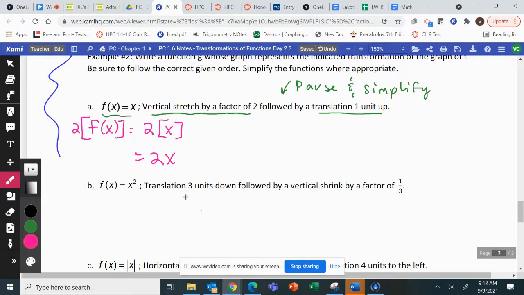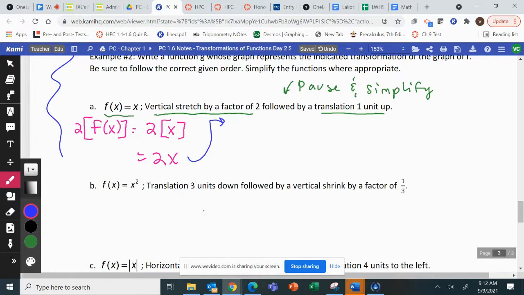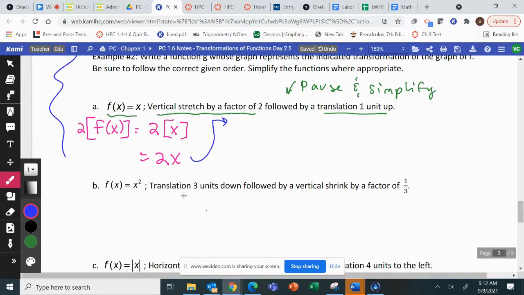And then we're going to do the second part. The second part says followed by a translation of 1 unit up. So now I'm going to take this new function and I'm going to add 1. When we do a vertical translation, it goes on the outside.